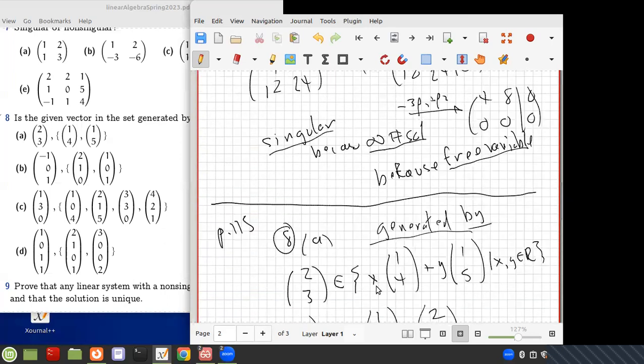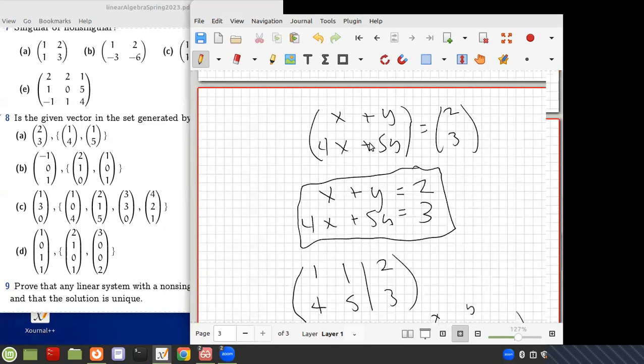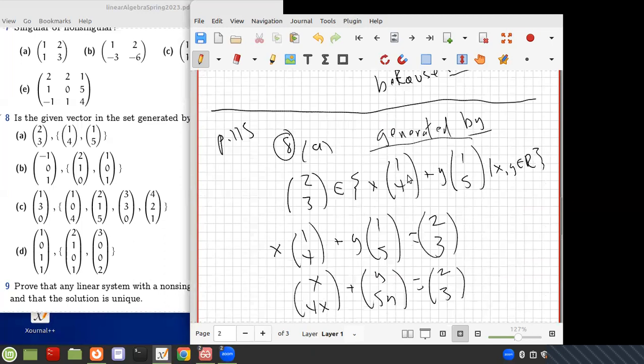So (2, 3) is in the set, because if I choose x equal to 7 and y equal to minus 5, that is that vector. So you can see how to solve this problem with a linear system. It's one place where a linear system appears that you might not otherwise expect. I think there's a problem on WeBWorK that asks a question like this, and this is how you solve that problem.